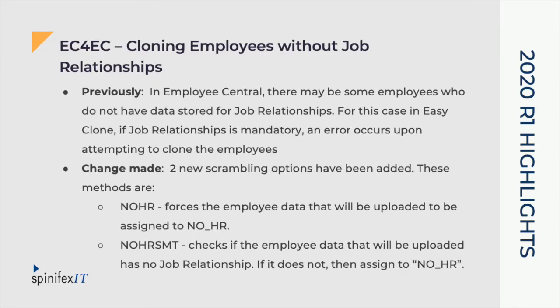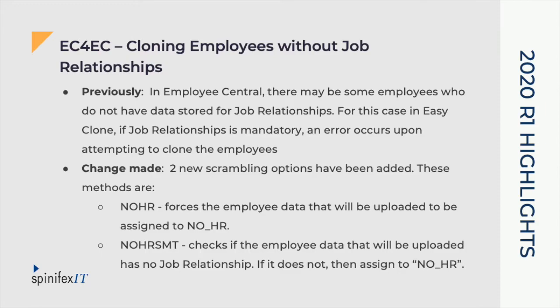And now we have a few changes all related to the copying of Employee Central data. Hopefully you are aware that a few releases ago, we enhanced Easy Clone to copy Employee Central data that is linked to employees in the payroll system. Some of the changes we have made with this release include, for one, the ability to clone Employee Central data for employees that are missing job relationships data.